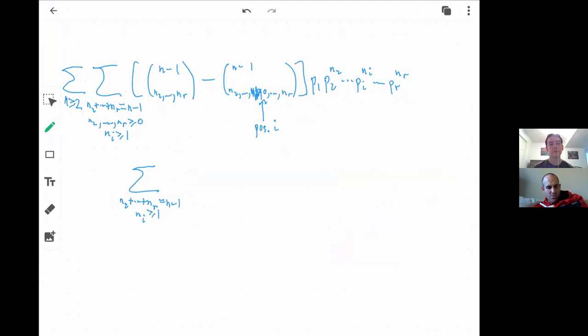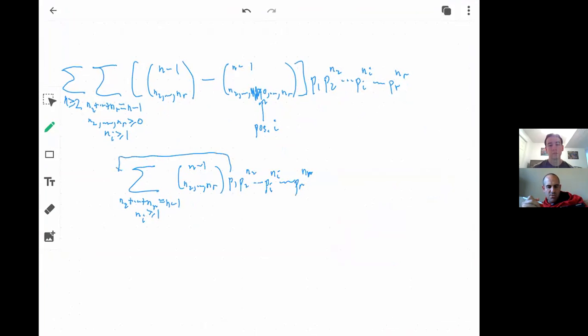So I have ni greater than or equal to 1, n minus 1, n2 ... nr, P1, P2 to the n2, Pi to the ni, Pr to the nr. And the thing is, I could factor out the P1, and I could factor out one factor of Pi.